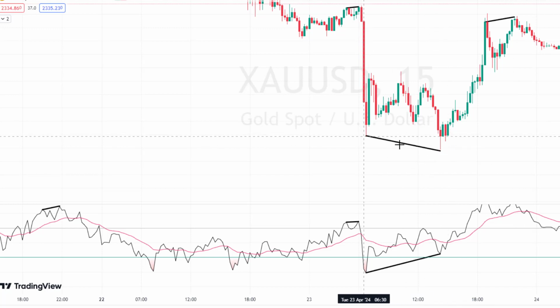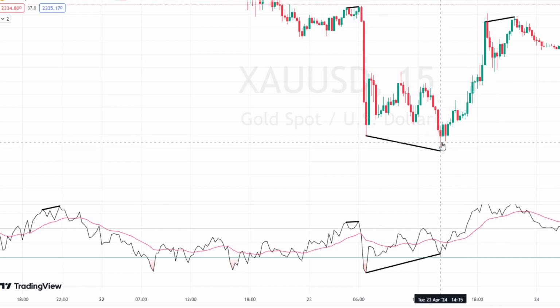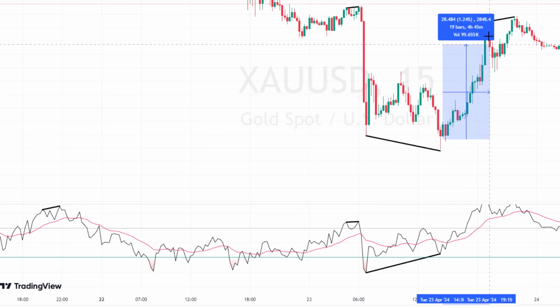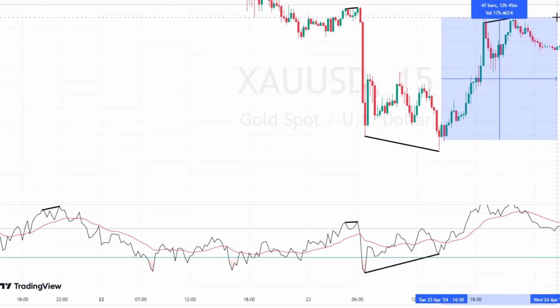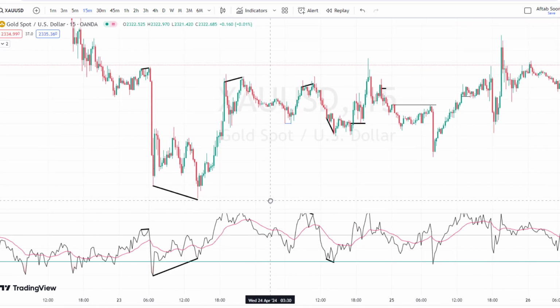Now you can see the clear bullish divergence. If we place a buy trade here, we could catch a big bullish trade of about 368 pips. It's an amazing trade.